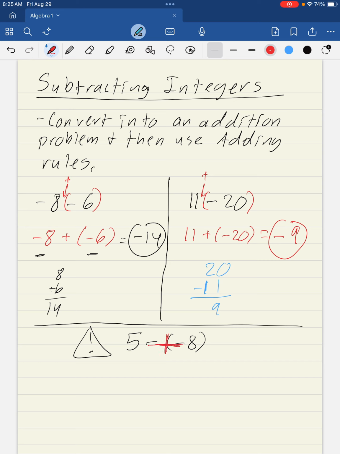In a weird way, it's like mom says, do not eat the cookies. What did she say? Eat the cookies, okay? Which is a good thing. So, two negatives in a row make a big plus. So again, if we're minusing a negative, I can make a big plus like this. That's what I like to do. And I just rewrite the problem, 5 plus 8, and that gives me 13. Ta-da! Done. There we go.